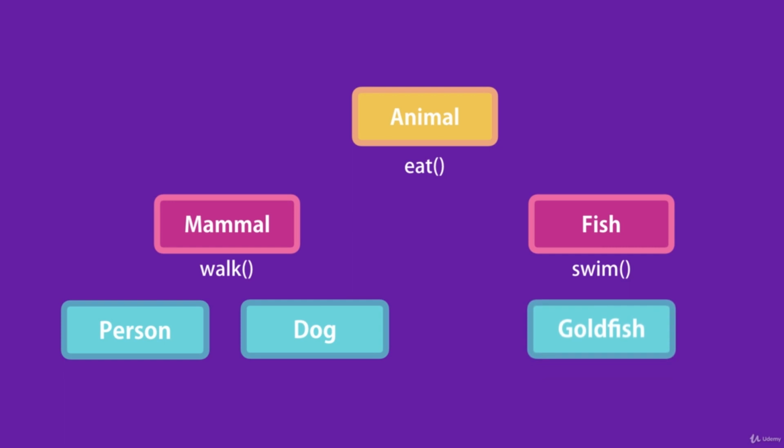See what happened? As a result of introducing a new kind of animal, that is goldfish, we had to change our hierarchy, and now this hierarchy is more complex than what we had before. Now, what would happen if we had 10 different types of animals? This hierarchy would get more and more complex, and we have to constantly go back and forth to determine the right place to implement a method.